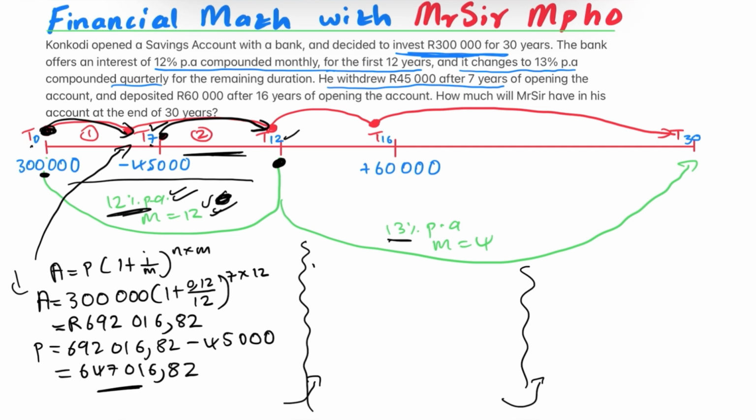So my new A will be the current P, which is 647,016.82, into 1 plus my I, which is 0.12 over 12, to the exponent 5 years times 12. Makes sense? Then I'll punch this in my calculator again. Okay? After punching it in your calculator, what are you going to get?